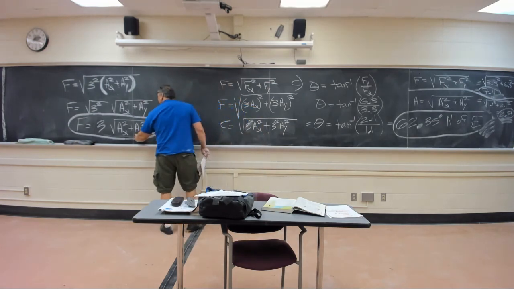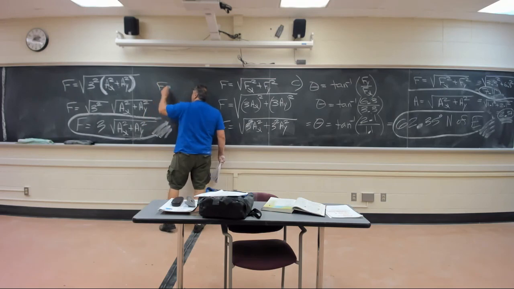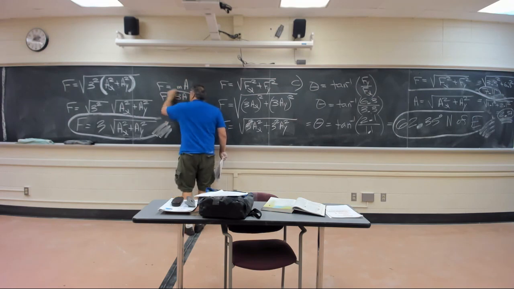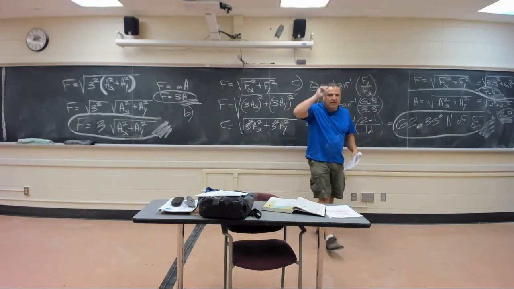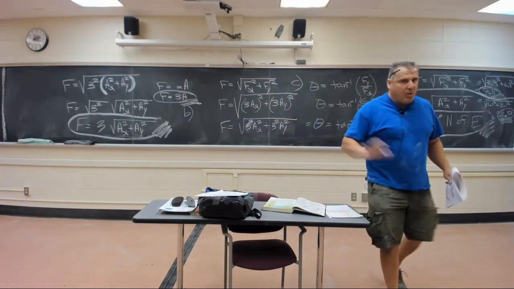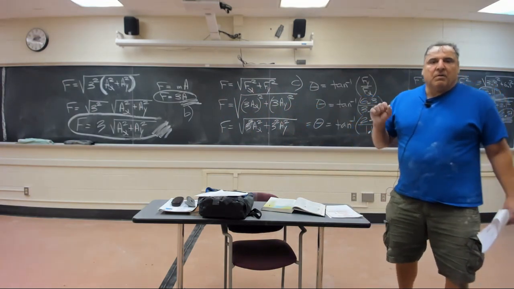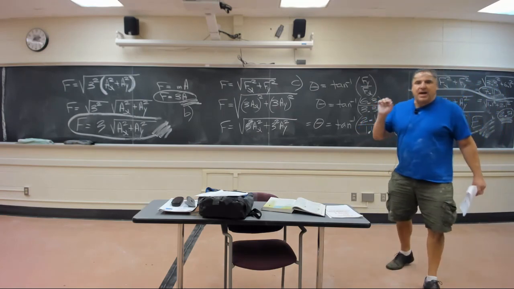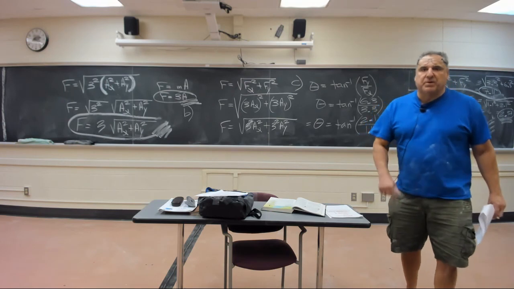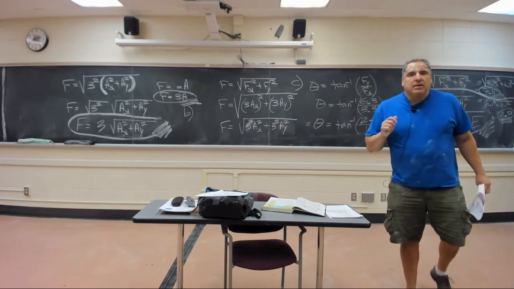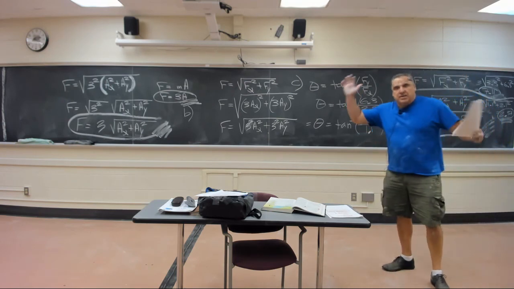Equals m times a, 3 times a. Well, I guess the magic number here for m was 3. And 3 runs the show. F sub x is 3 times bigger than a sub x. F sub y is 3 times bigger than a sub y. F is 3 times bigger than a in the big picture.